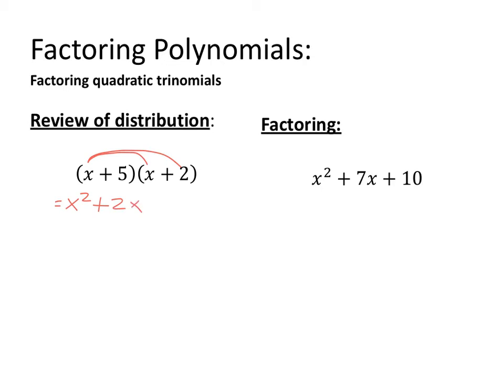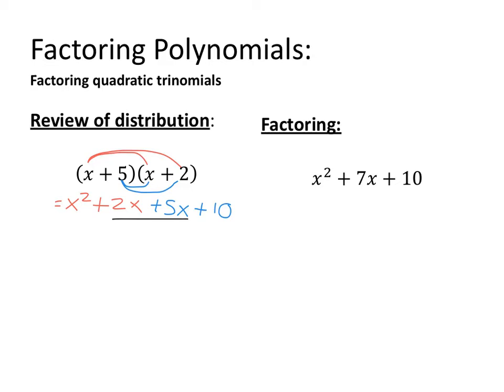And then we're going to do 5 times x and 5 times 2. 5 times x is 5x, so I'll have a plus 5x. And 5 times 2 is a plus 10. So again, the nice thing with these is that those middle terms will always be able to be combined.